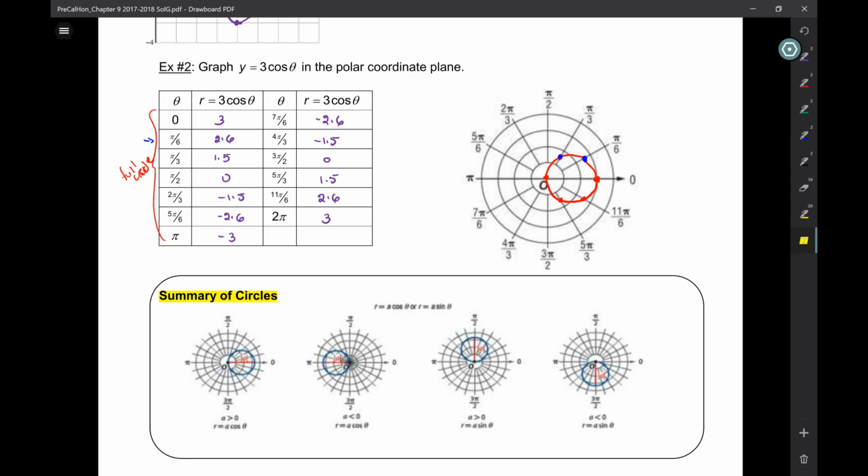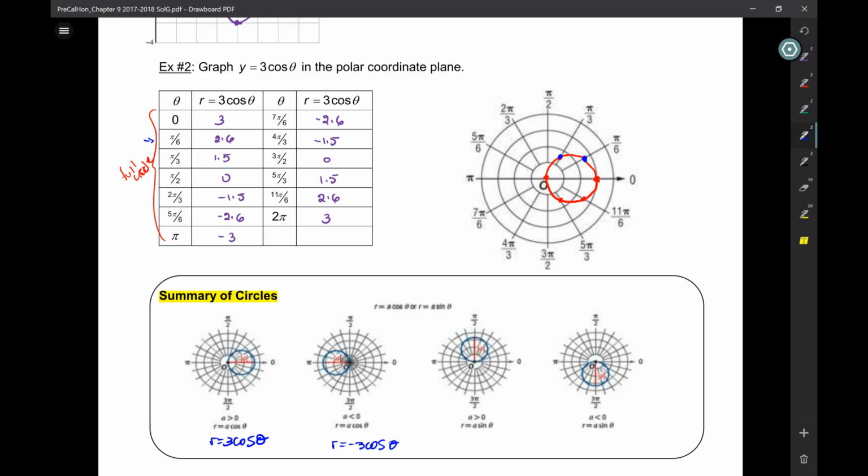So let's say if you have r equals 3 cosine theta, when theta is 0, I'm at r equals 3. Okay? Now, if r equals negative 3 cosine theta, well, when theta equals 0, my radius is going to be negative 3, so on the opposite side. So my entire circle is going to go on the opposite side. Okay?